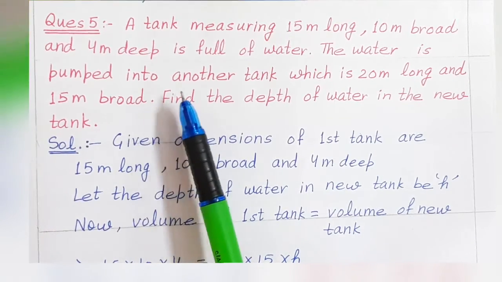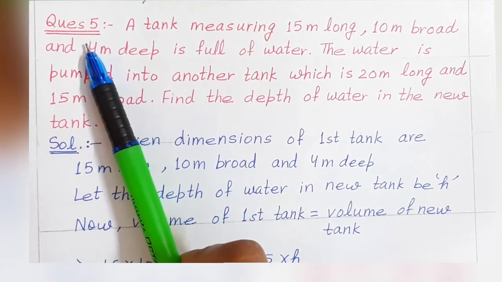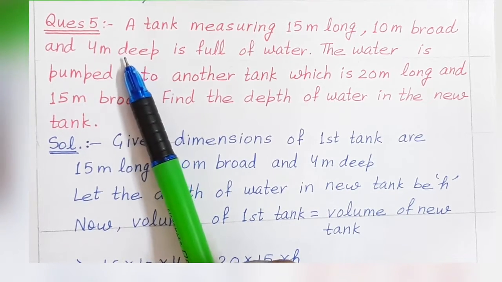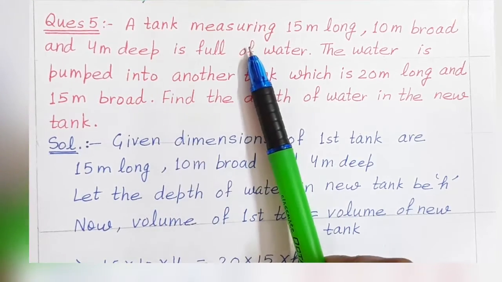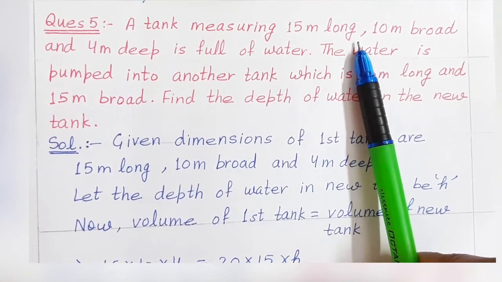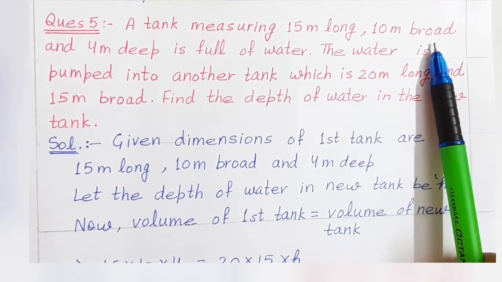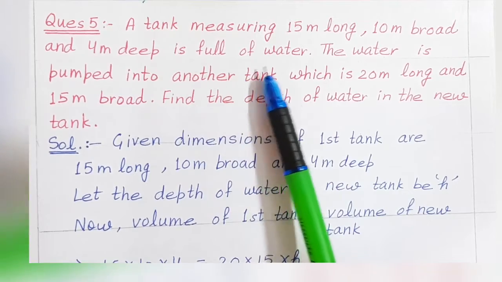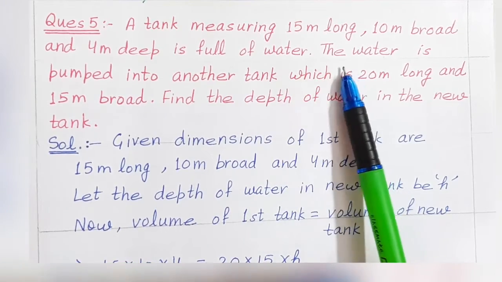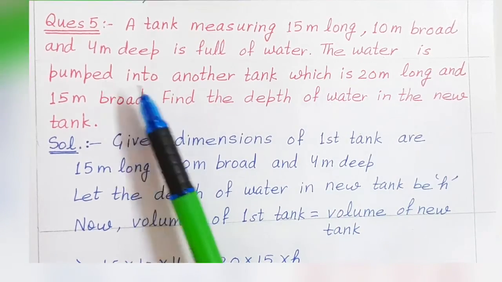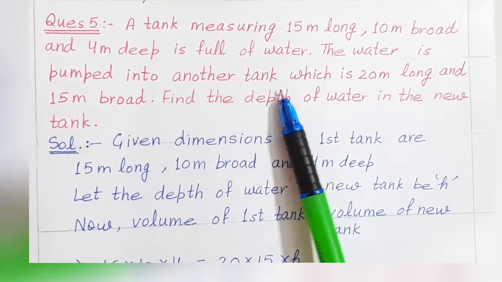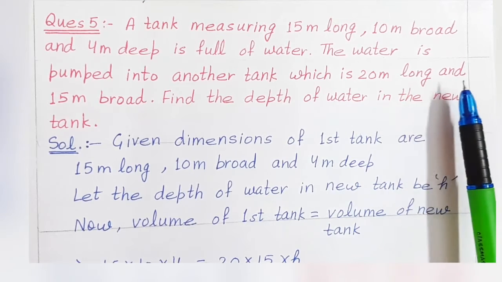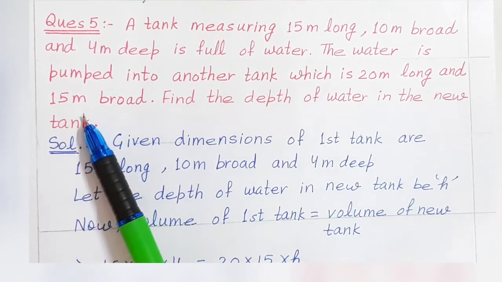Now, let us discuss question number 5 from exercise 17.1. The question is, a tank measuring 15 meter long, 10 meter broad and 4 meter deep is full of water. The water is pumped into another tank which is 20 meter long and 15 meter broad.